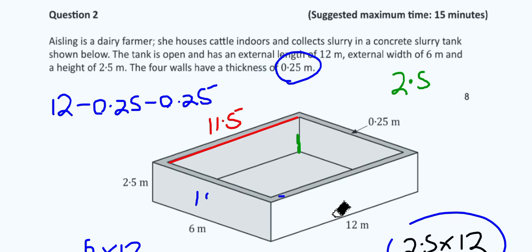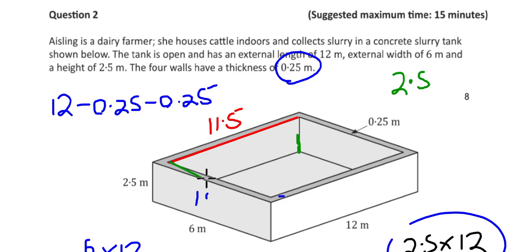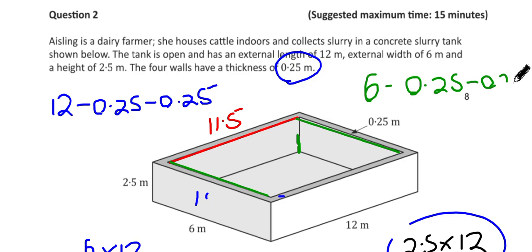Okay, now the next thing we're going to look at is this length here. Does anybody know how to find that green length, which is the same as this green length here? Yeah, 6 minus 0.25 twice, 5.5.